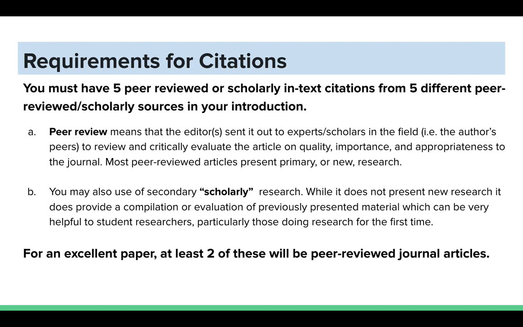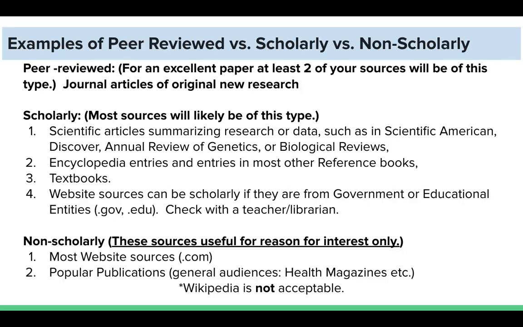While this does not present new research, it does provide a compilation or evaluation of previously presented research, which can be very helpful to student researchers, particularly those doing research for the first time. These are summaries of previous peer review. For an excellent paper, at least two of these should be peer-reviewed journal articles.